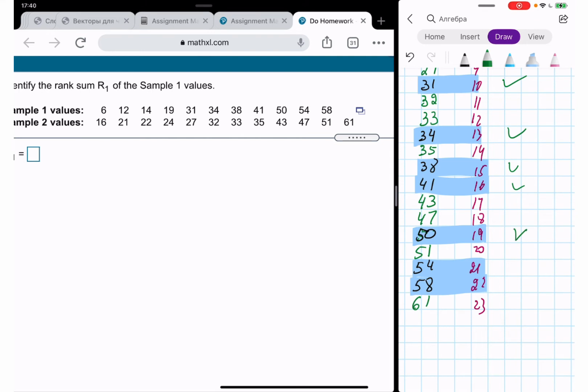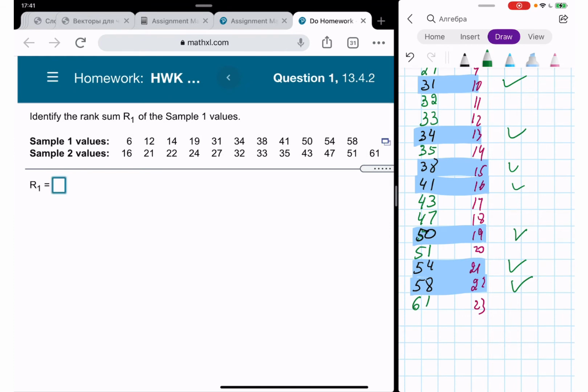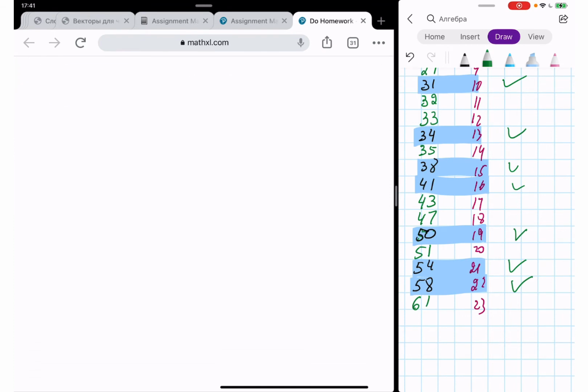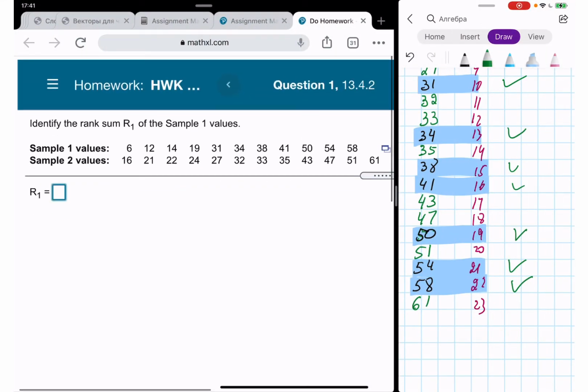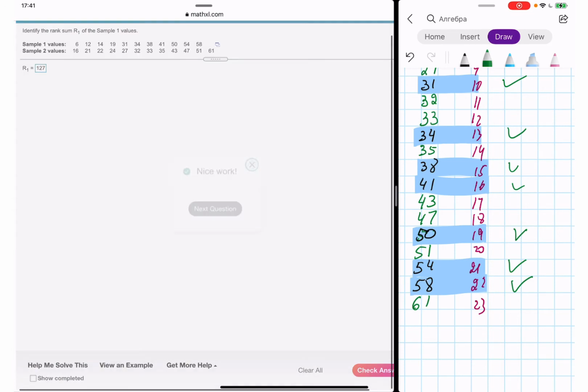Okay, adding 19. Adding 21, 22. And that's it. I got 127. Okay, let me write it down. Here it is, 127. Nice work. Okay, we are done.